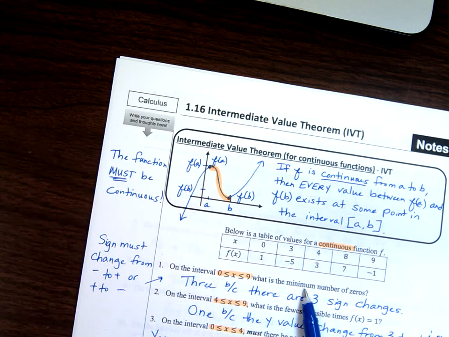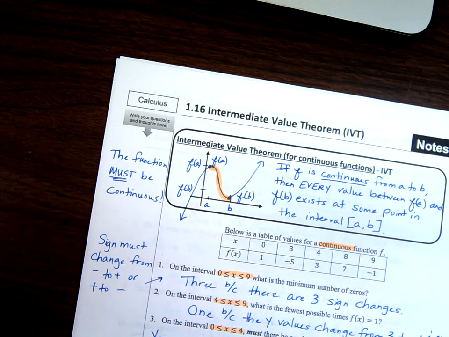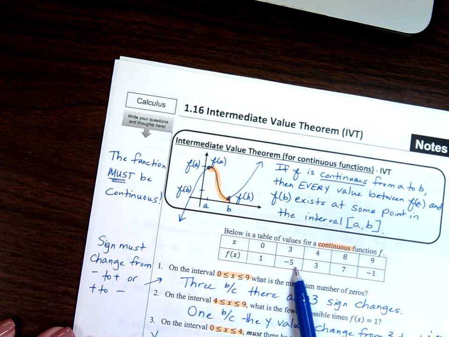Well, think about that. Zeros are where it crosses the x-axis. So in order for it to cross the x-axis, it has to change signs from positive to negative or negative to positive. You can't cross over the x-axis without going positive to negative, or negative to positive. All right, so with that in mind, I go from 1 to negative 5. Have I crossed the x-axis? Yup, there's 1. I'm at negative 5. I go to 3.